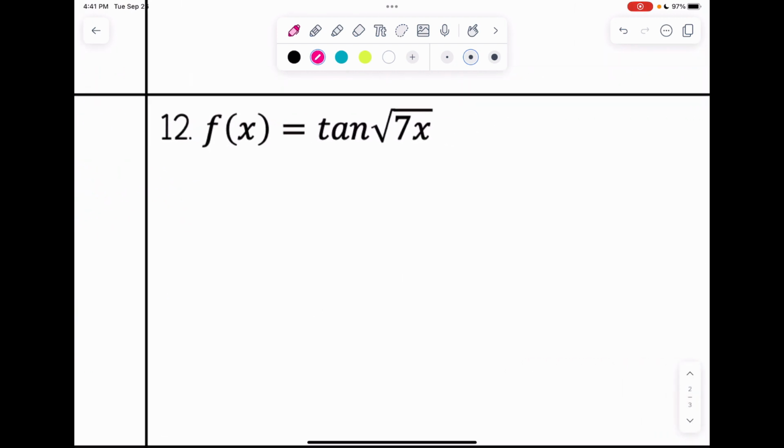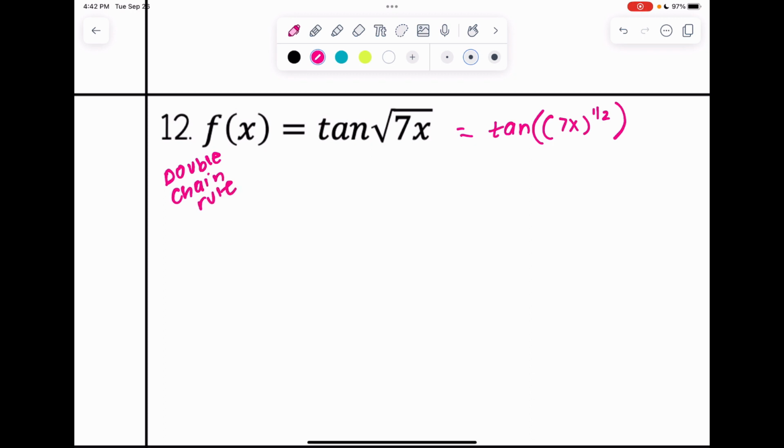All right, for our last question here, we have f of x equals the tangent of the square root of 7x. I'm going to rewrite this here as tangent of 7x to the 1/2, but we're taking the tangent of all of that. So notice my double parentheses when I rewrite this. So this is our double chain rule again.